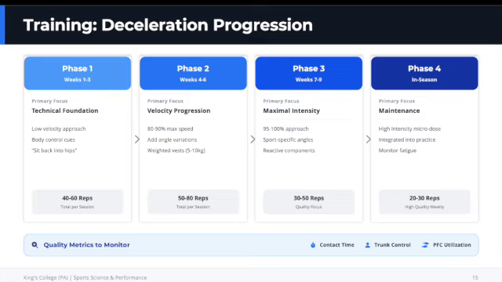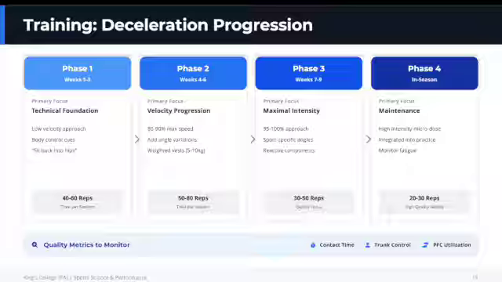Phase 3, weeks 7 to 9: maximal intensity, 95 to 100% approach, sport-specific angles and reactive components. And phase 4, in season: you need maintenance, a high-intensity microdose integrated into practice, and monitoring the fatigue.